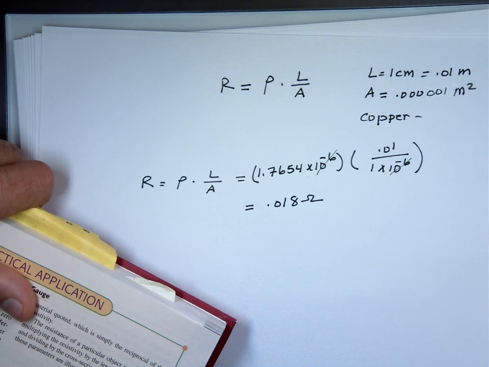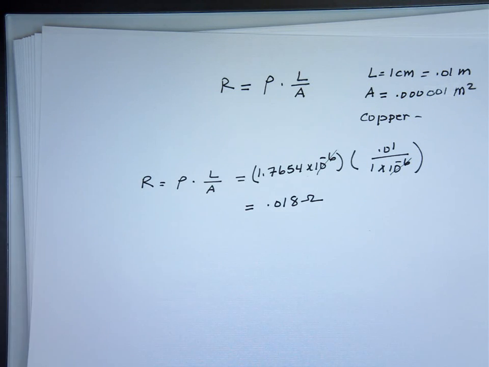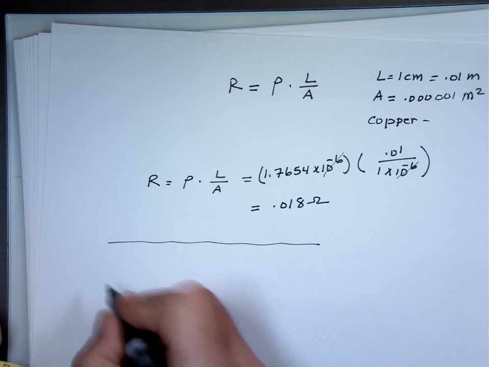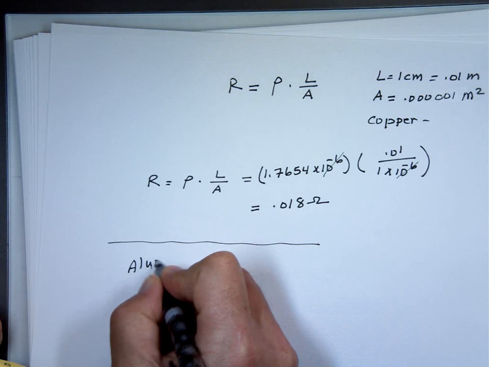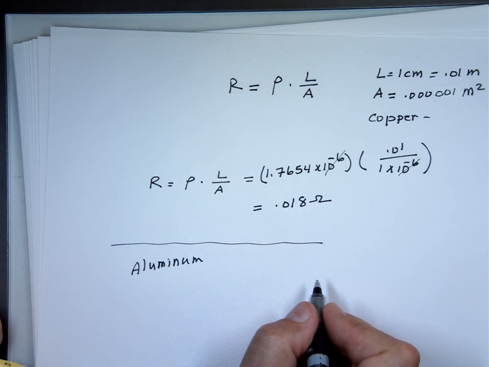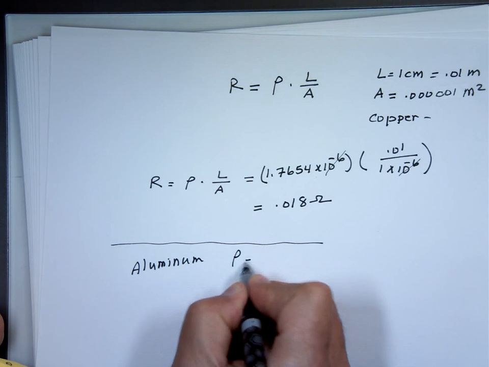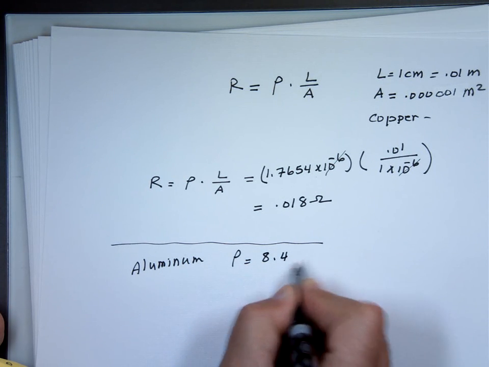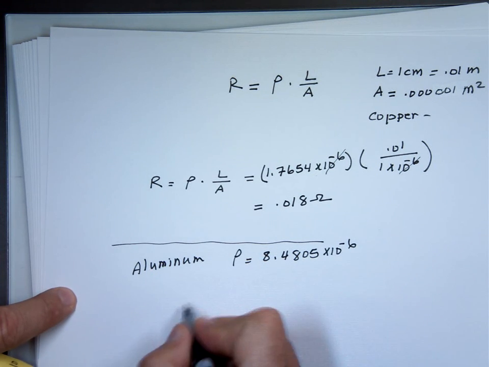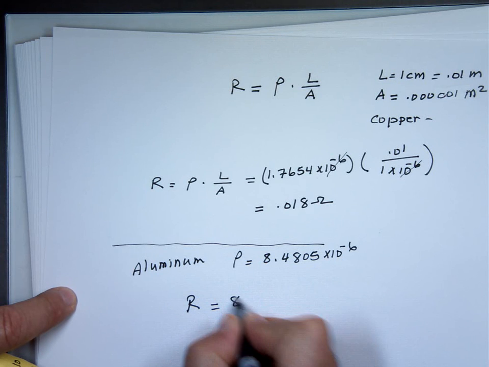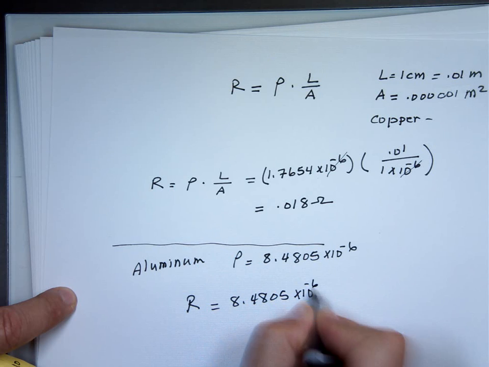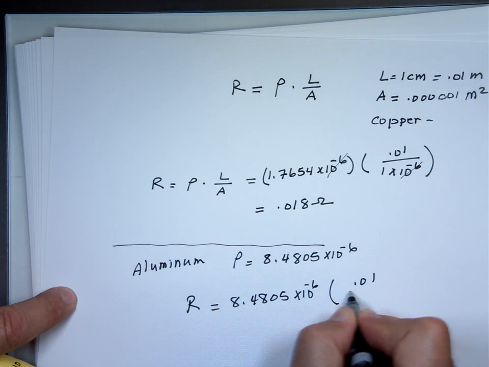If I use aluminum instead of copper, switch that, the same problem now, to aluminum. And aluminum for that, rho is 8.4805 times 10 to the negative 6. So the value of that resistor will be 8.4805 times 10 to the negative 6 times 0.01 over 1 times 10 to the negative 6.